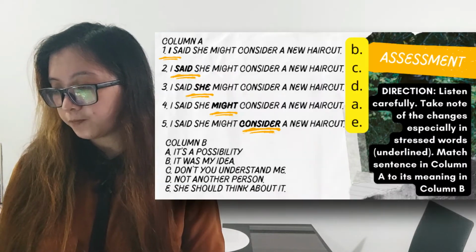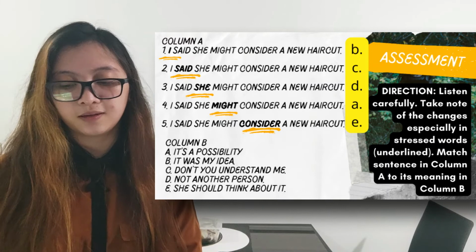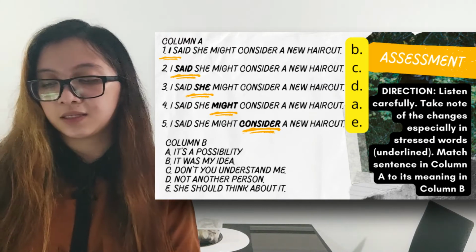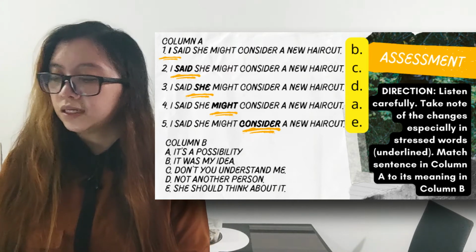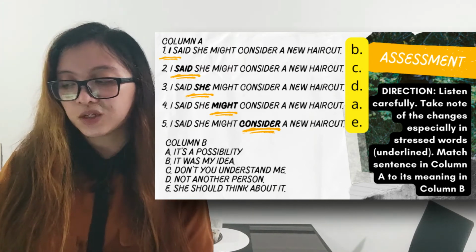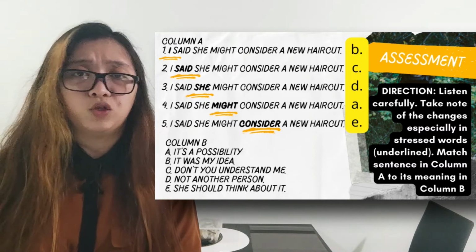Are you ready to reveal the answers? Now let's see. Here are our answers. Number 1, the answer is letter B. The sentence means, it was my idea. Number 2, the answer is letter C. It means, don't you understand me?